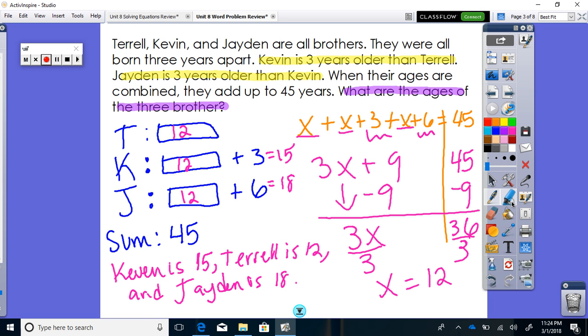And then remember, we can check by making sure that 18 plus 12 plus 15 equals 45. Just to make sure we got the right answer. And then we answered the question.